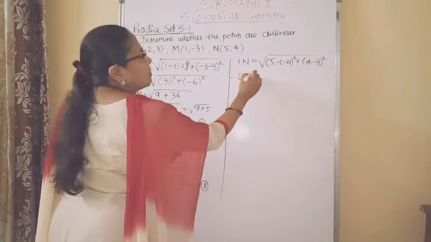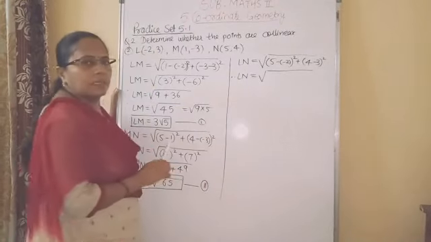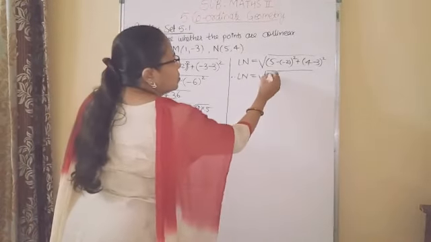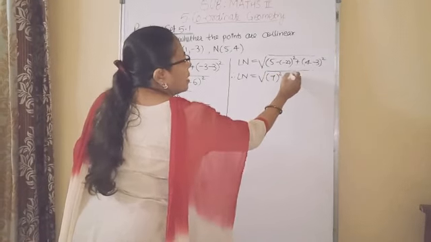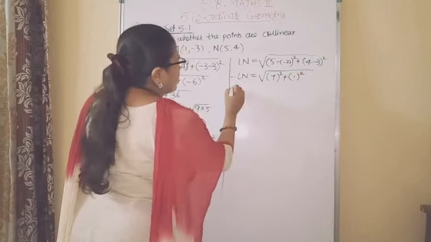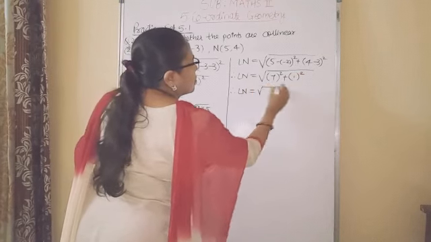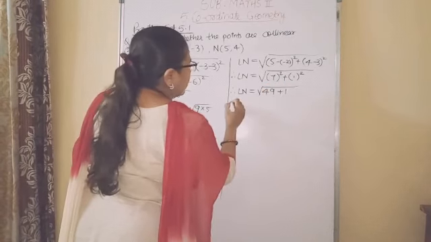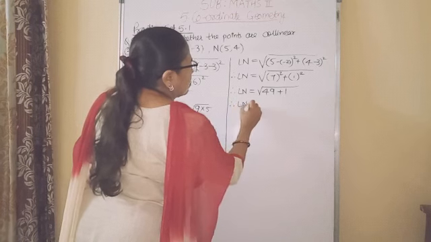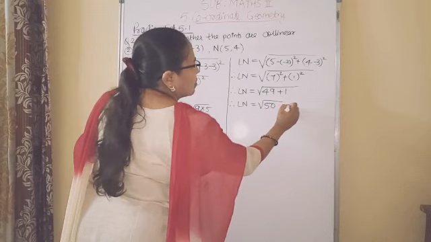Therefore, LN is equal to, this minus into minus plus, 5 plus 2, 7 square, 4 plus 3, 1 square. 7 square is 49 plus 1, 49 plus 1 is 50.